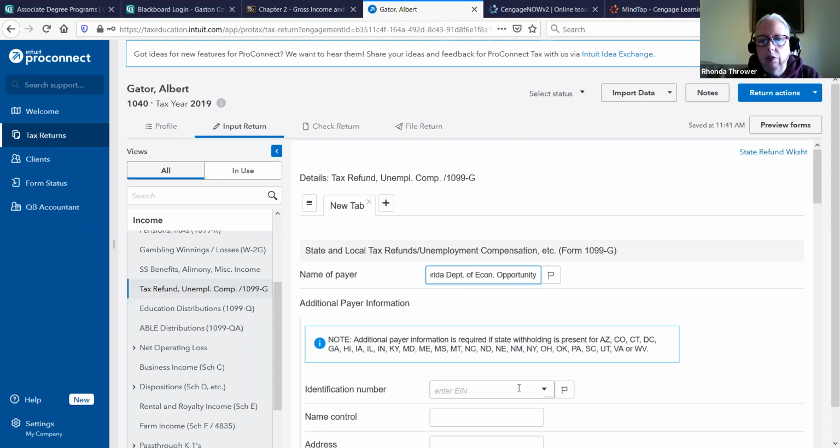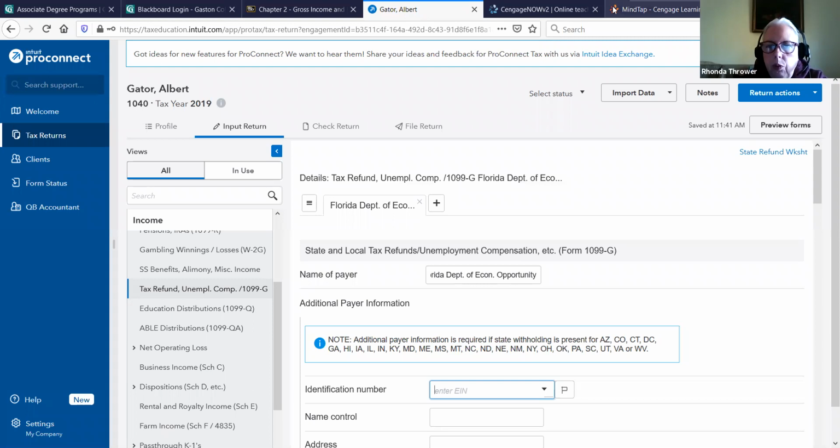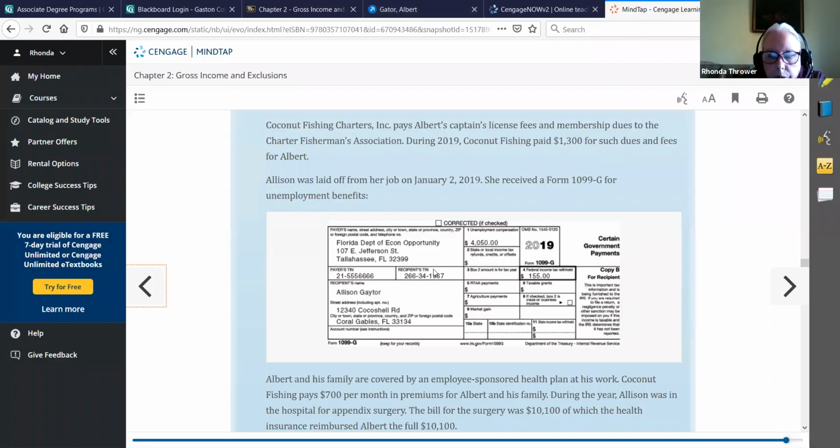And we'll look to see if they gave us an identification number. So you need to look at this closely and see if there was any state withholding. I don't see any. But this was in the state of Florida. And I was looking for an identification number. And that would be right here. So 21-555-6666.